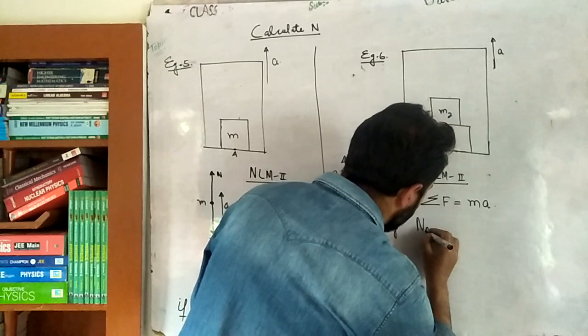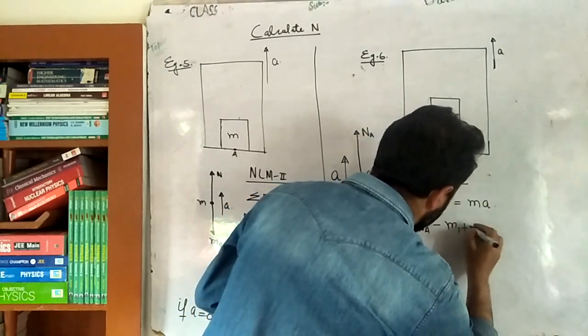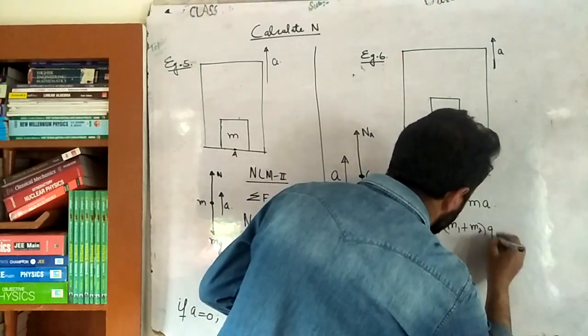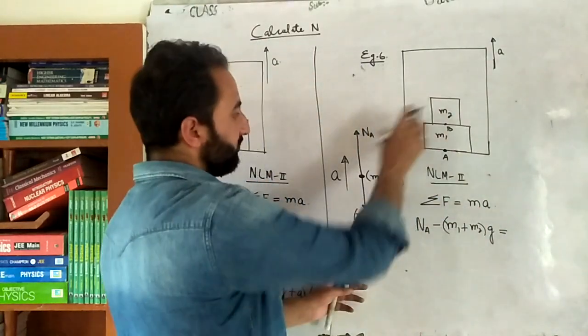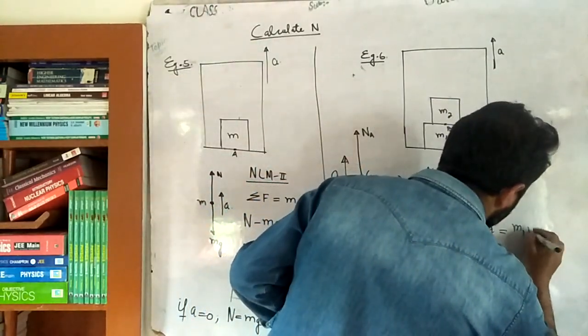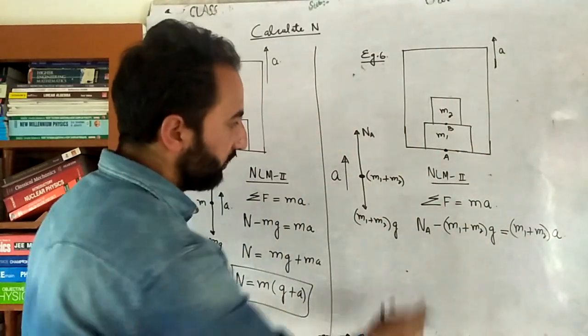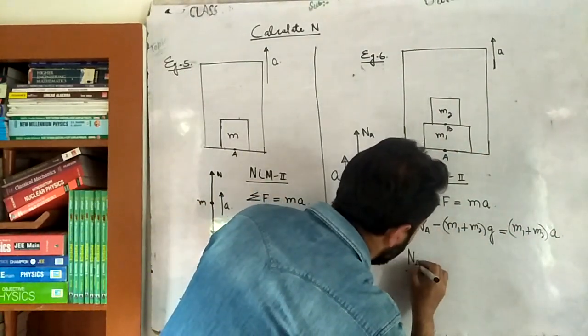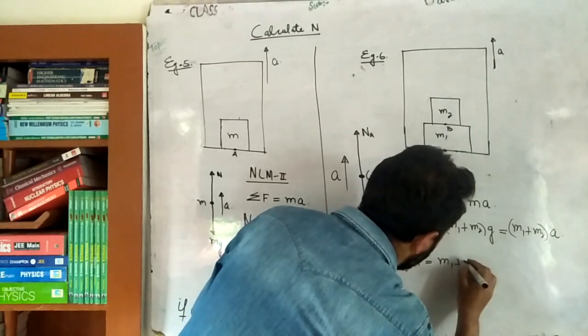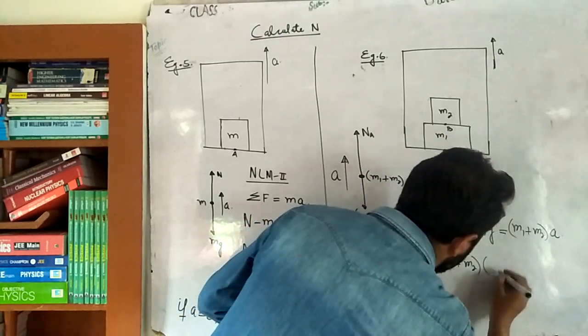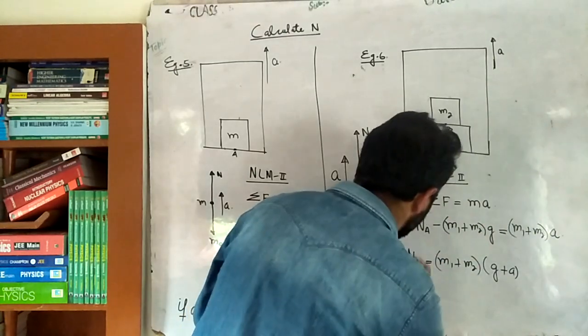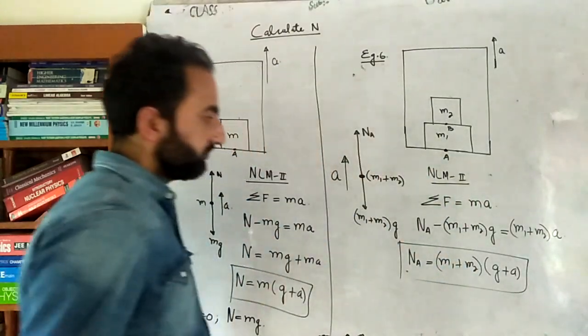So N minus (m1 plus m2) multiplied by g is equal to the total mass of the system, which is m1 plus m2, multiplied by the acceleration a. We have to calculate the normal reaction at A, and it will be equal to (m1 plus m2) multiplied by (g plus a), like this. Okay, so this is the normal reaction at the point A.